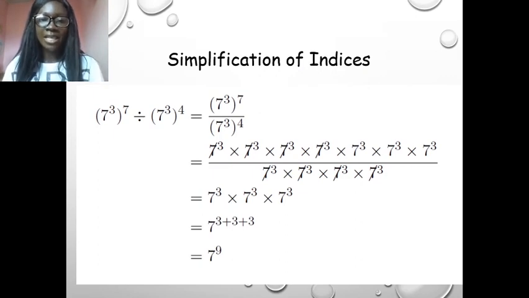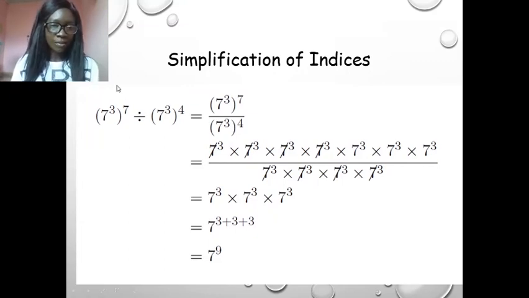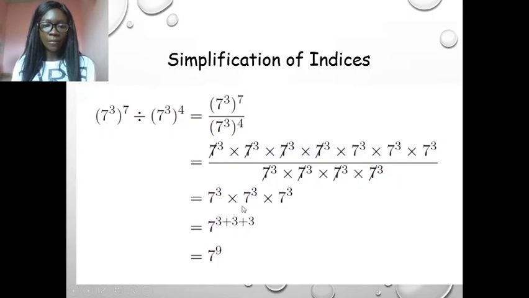So let's see our last example for today's class. We have 7 cubed, all to the power of 7, divided by 7 cubed, all to the power of 4. So all these examples are in your notes, so it's fine as I'm explaining it right now. You don't have to write it down again if you've already written them down.